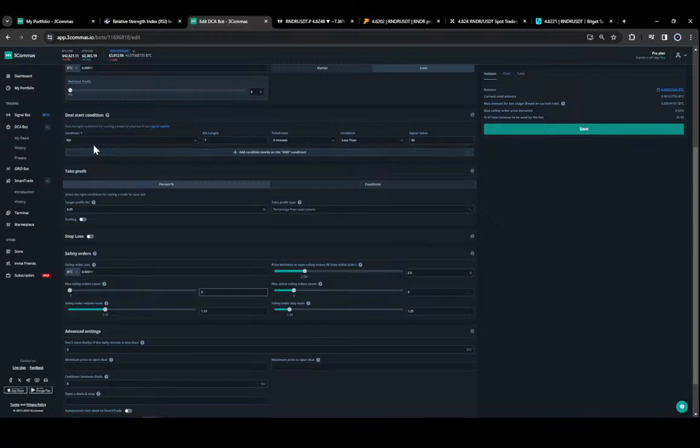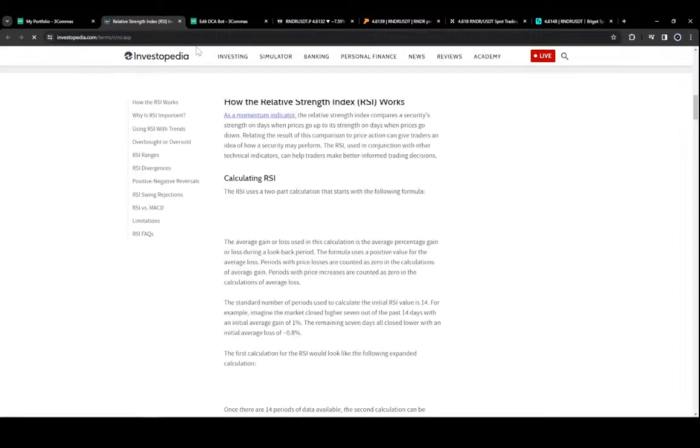What you can also see on this bot that I'm showing is the deal start condition. You can see what's prompting the bot to buy, to enter a position, before it gets to this whole DCA business. This is very important as well. And RSI, I have it also open here in this Investopedia page.